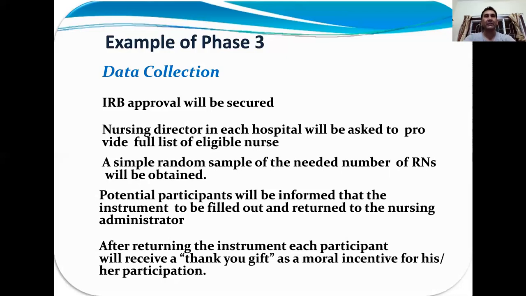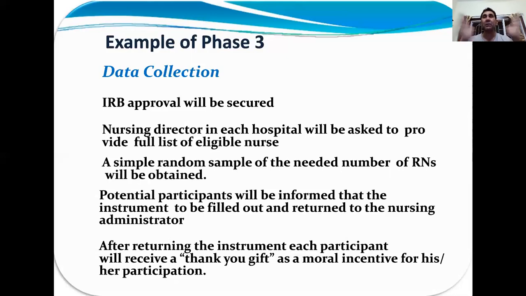Suppose we want to conduct a KAP study of infection control among the PIMS nursing staff. Definitely you will go to the nursing directorate or the nursing cell of the PIMS hospital, and from the CNS you will get the frame of the nursing staff.